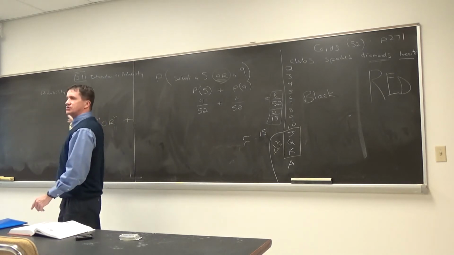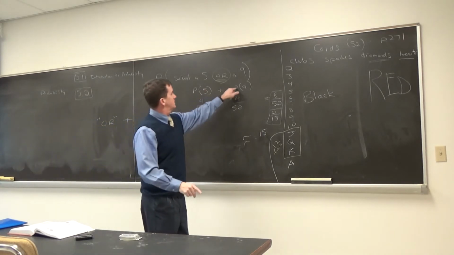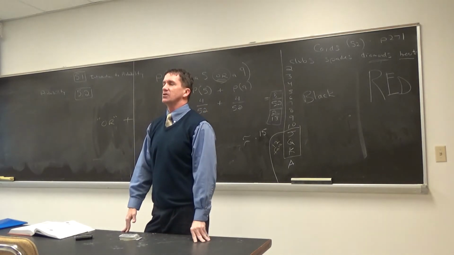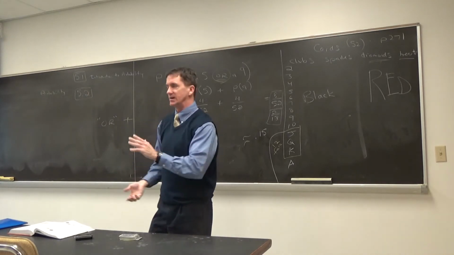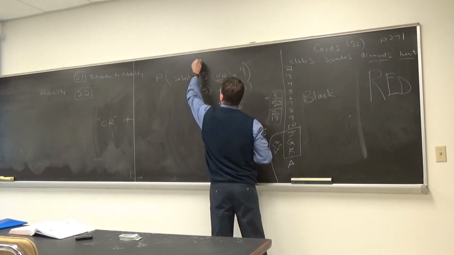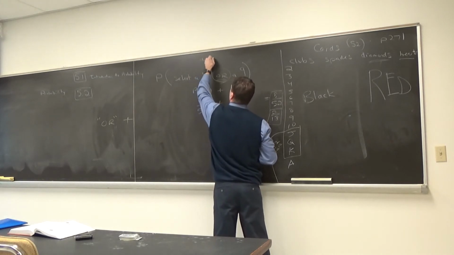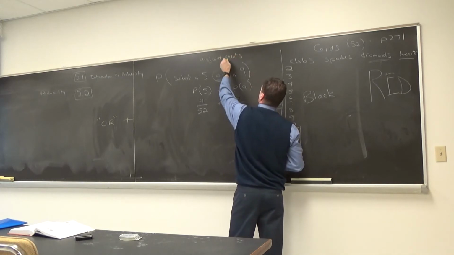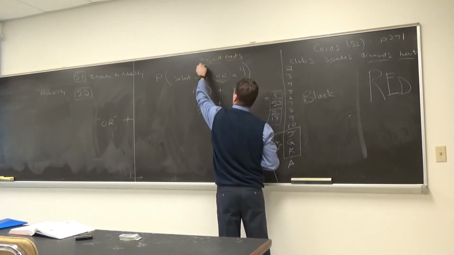But I'm about to introduce the rule, but this is how you do the probability if your two events are, ready? Disjoint events. So here's the first funny word for today. These two events are called disjoint events. What are disjoint events?